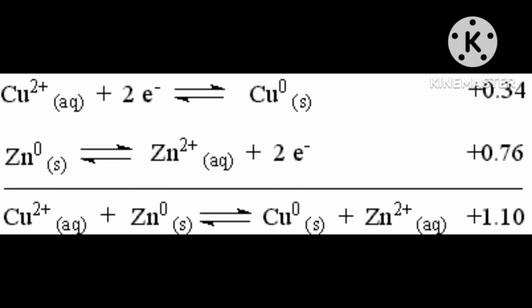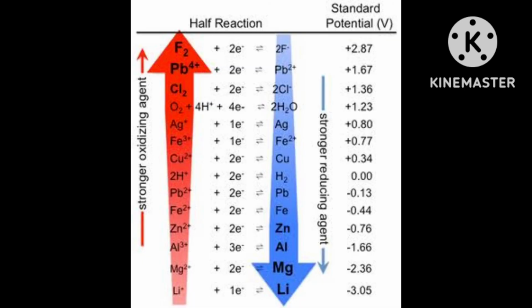Now I have told you that the oxidation process is going on, and the reduction process is also going on. If you add the half cells, it will be the net cell reaction. Here again I want to tell you I am talking about the standard potential.